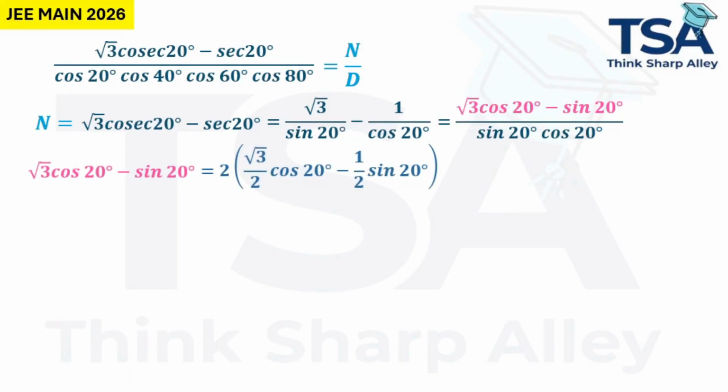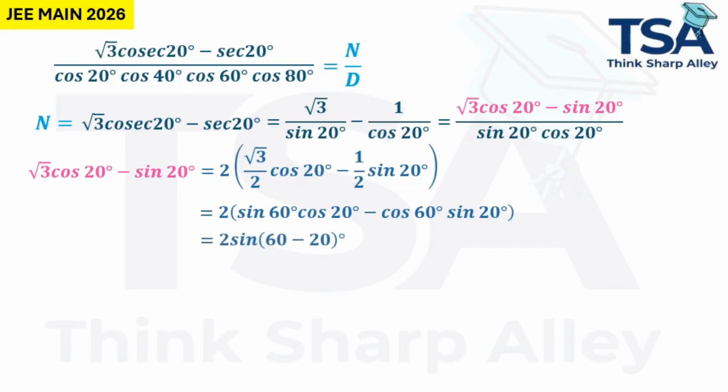And recognize that sine 60 degree is root 3 by 2 and cos 60 degree is half. This fits perfectly into the sine subtraction compound angle identity, that is sine (A minus B), where A is 60 degree and B is 20 degree. So that gives me 2 sine 40 degree. Now look at the denominator of the numerator block.